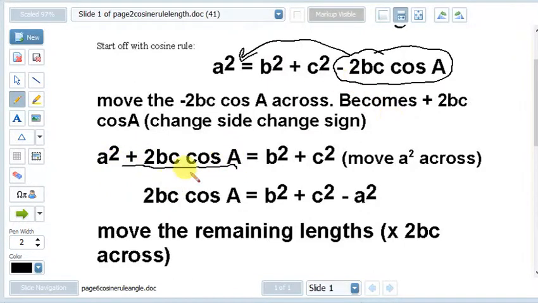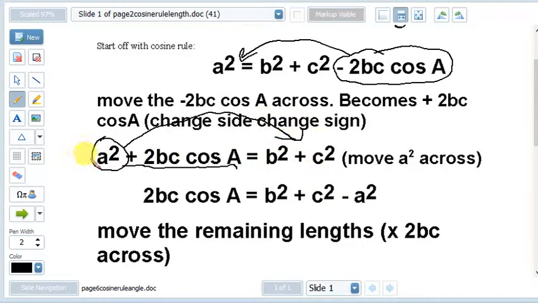Next we're trying to get lengths on one side, which is the lowercase, and angles on the other. So this 2bc is directly related to the cosine of A, so we're going to have to move that across at some point. But this one here is furthest away, so we move that across to the other side.